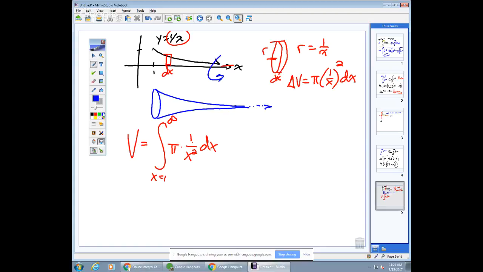Okay, cool. So the pi is a constant, I can pull that out. I do have a problem because I have an improper integral. So I'm going to pull the pi all the way out, and I'm going to make a note that I'm taking a limit. I'm going to let a be my variable again. So I now have the integral as x goes from 1 to infinity. Oops, no, I lied. I took the infinity out.